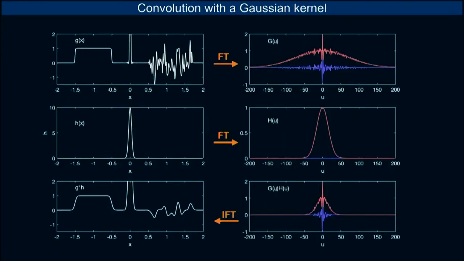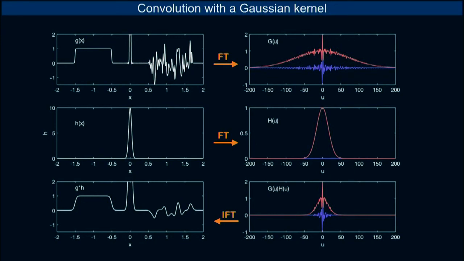In computing this, here's how I did it using the Fourier transform. I took this signal and operated on it with a Fourier transform in my computer. The red here is the real part and the blue is the imaginary part. And here is the Fourier transform of my Gaussian pulse. It's a real Gaussian.